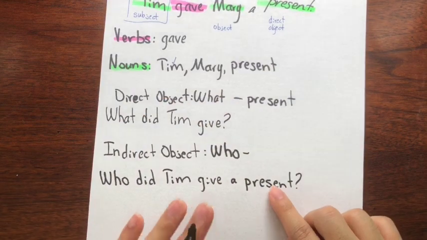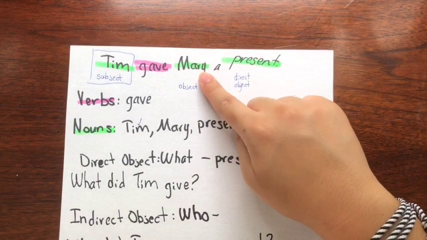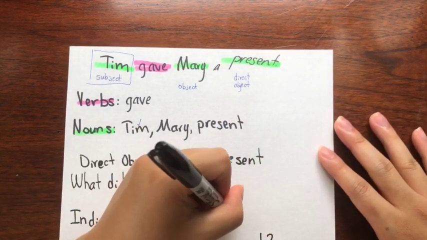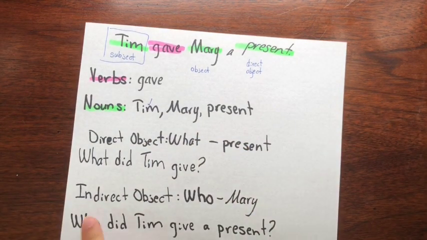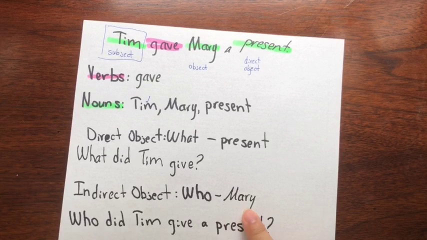Well, the person he gave the present to is Mary. So the indirect object is Mary.